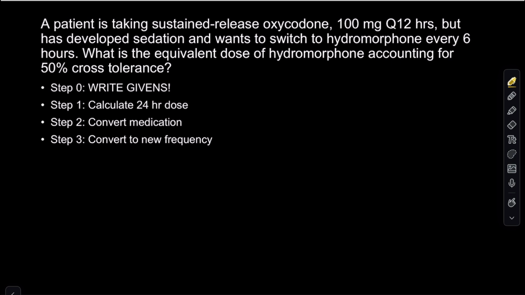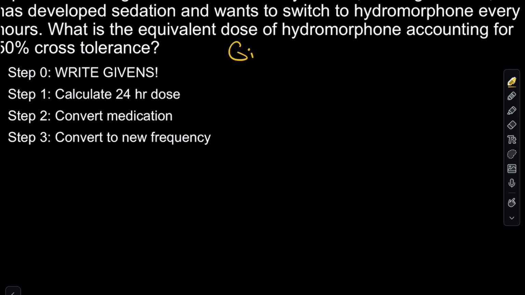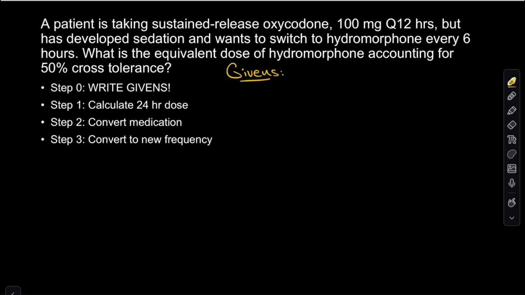So just like on our previous problem, if you're trying to solve these, the first step is make sure that you write down your givens. So we have 100 milligrams of oxycodone every 12 hours, and they want to switch to hydromorphone every 6 hours.